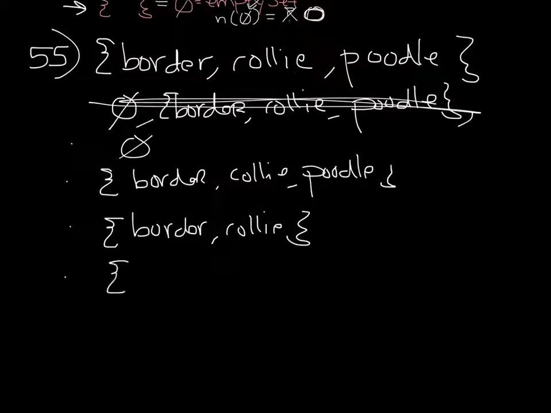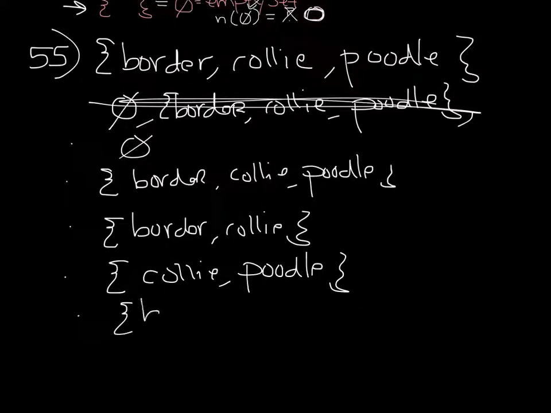How about collie and the poodle? Or how about the border and the poodle? So how many sets do we have so far? 1, 2, 3, 4, 5.